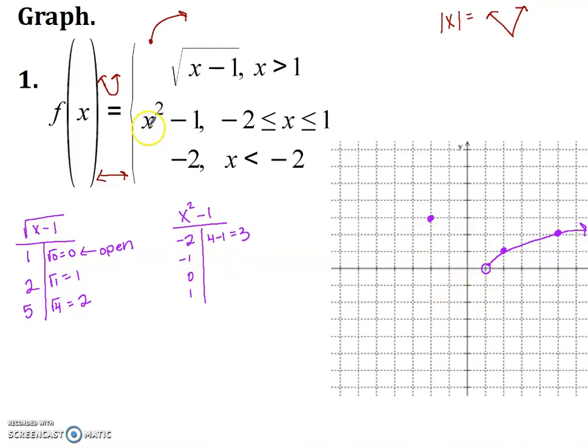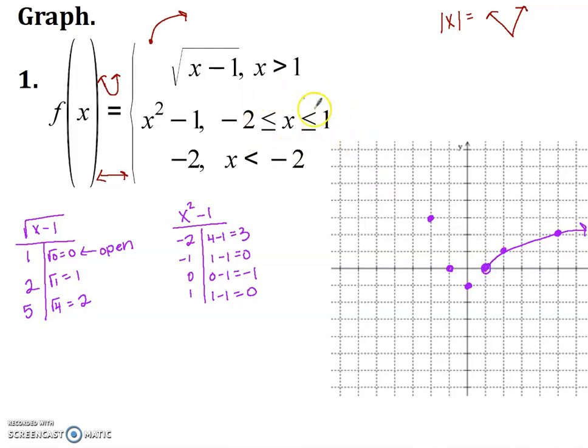Then when I plug in -1, -1 squared is 1, minus 1, that'll give me 0, so -1, 0. When I plug in 0, 0 squared is 0, minus 1. So when x is 0, the y value is -1. And then when I plug in 1, that'll be 1 squared, which is 1, minus 1, which is 0.